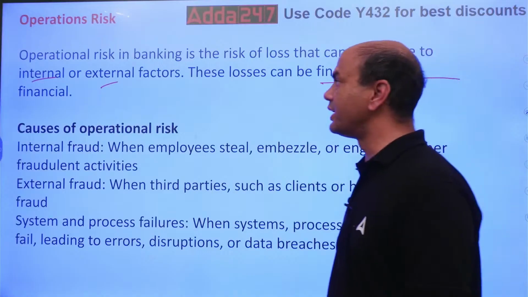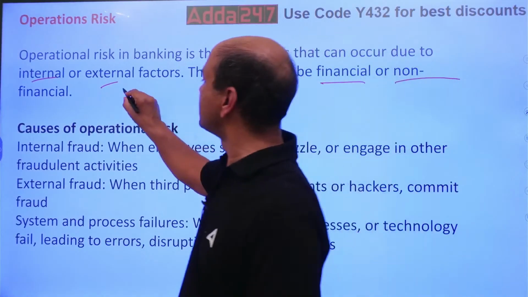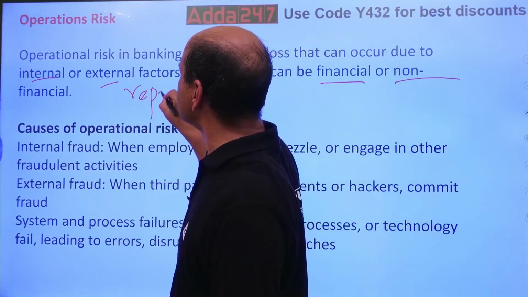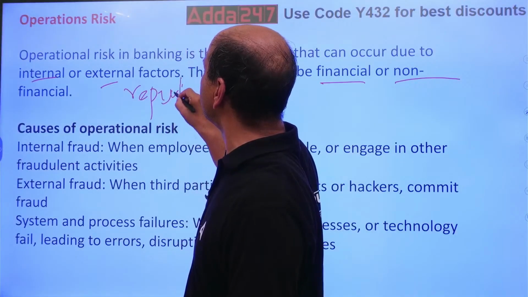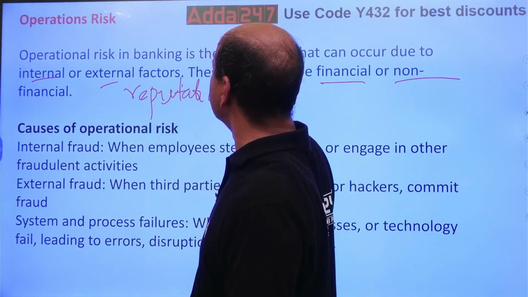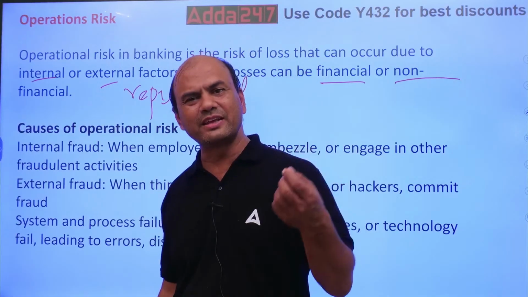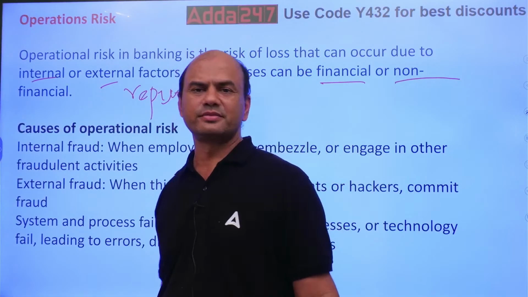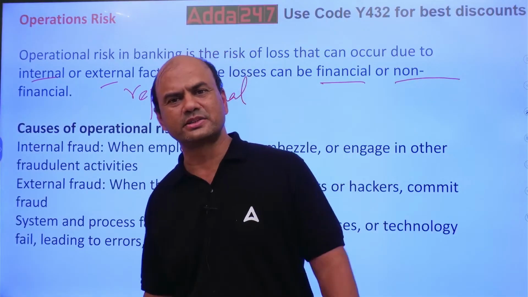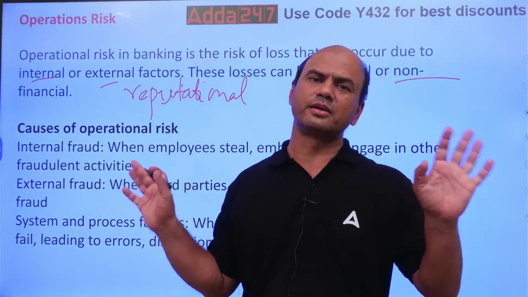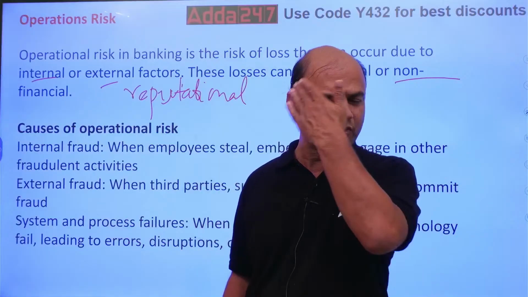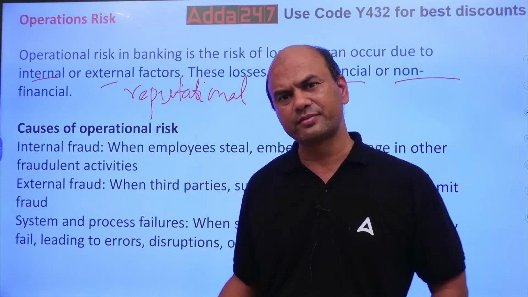Non-financial means what? It is known as reputational risk. Tomorrow, if in the whole banking world, the name goes that your banking software is very lazy, very slow. Tomorrow, if the whole world comes to know about some bank, will you go to that bank?